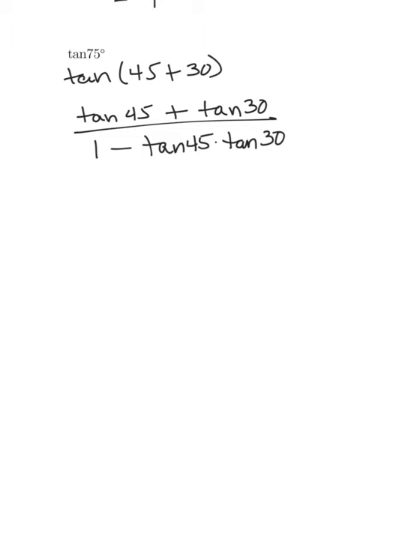Now we need to substitute in the values for those trig functions. The tangent of 45 degrees is 1. The tangent of 30 degrees is the square root of 3 over 3. I am getting all these by putting the y over the x.